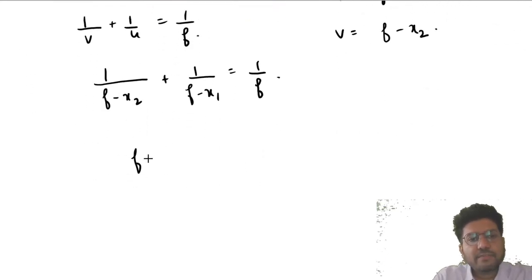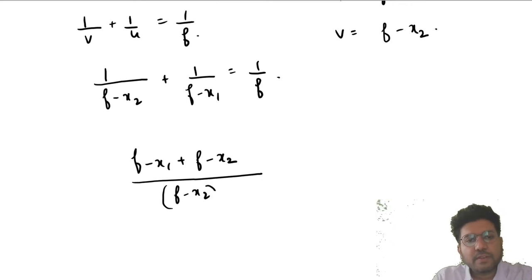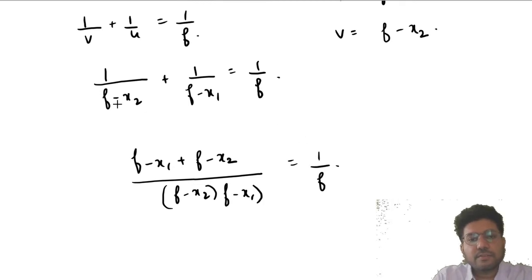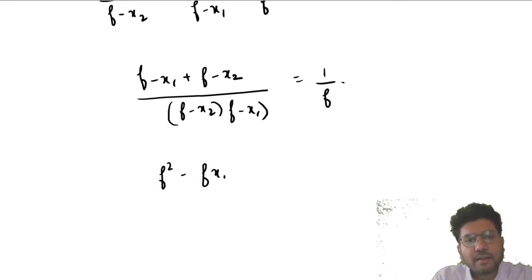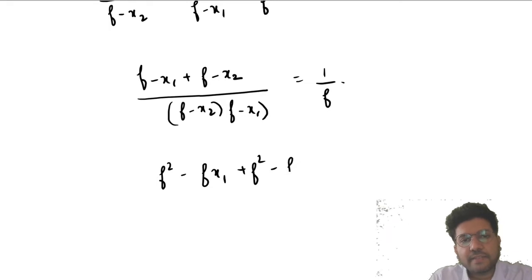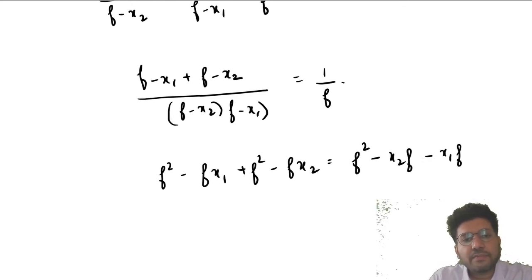I will write here f minus x1 plus f minus x2 divided by f minus x2 into f minus x1 is equal to 1 by f. So from this, when we solve, we will get f square minus fx1 plus f square minus fx2 is equal to f square minus x2f minus x1f plus x1x2.